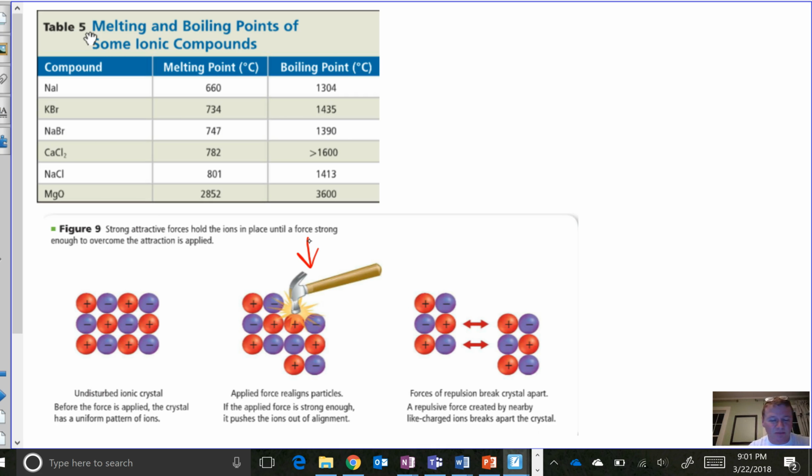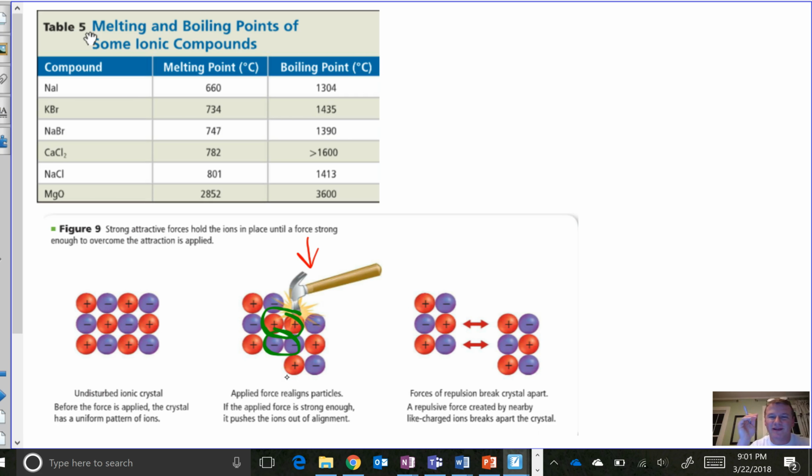And just like with anything, when a force is applied, things are going to move. Okay, so when part of that ionic solid is moved, now look what happens. We've got this spot here where this positive lines up with this positive, this negative lines up with this negative, and that will just continue.